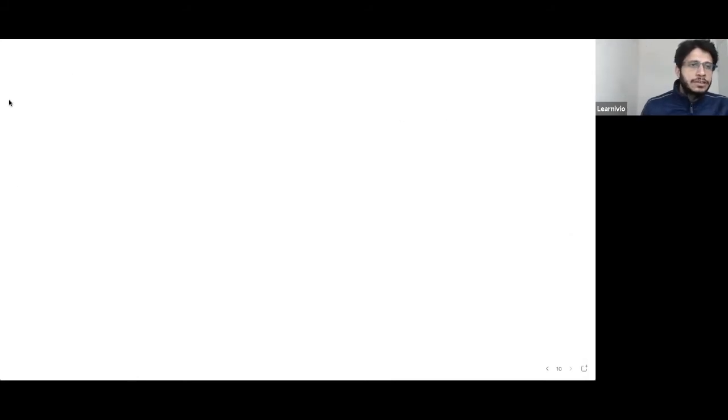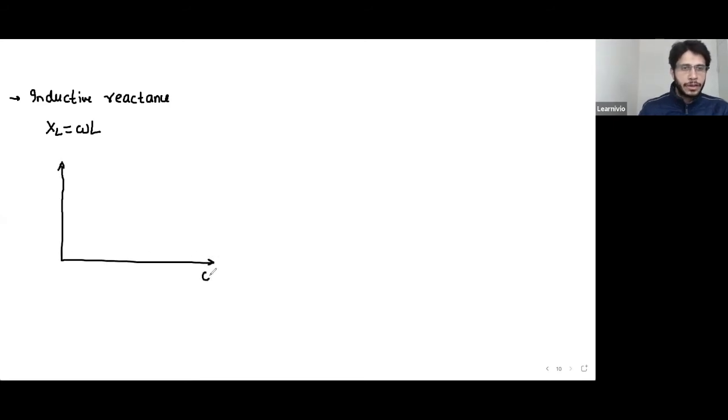After the sine curve, there are a few conceptual questions on inductive reactance. See here, inductive reactance XL is equal to omega L. So if I plot a graph between XL and omega, this is omega and this is XL. This graph will be a straight line, a linear graph. Can you tell me what the slope of this graph will represent?